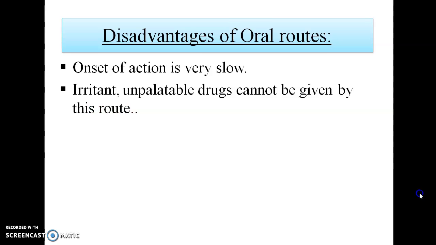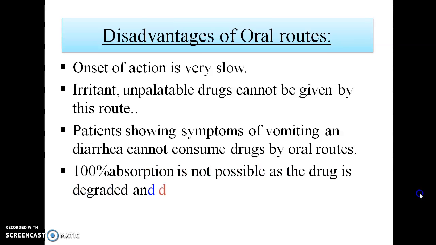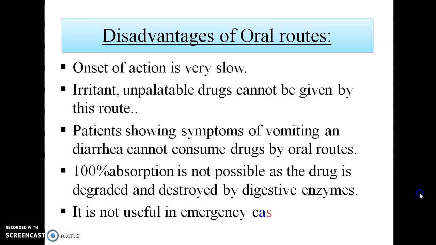Irritant and unpalatable drugs cannot be given by this route, because an unpalatable substance should never be given by the oral route. A patient showing symptoms of vomiting and diarrhea cannot consume the drug by the oral route. Next, 100% absorption is not possible as the drug is degraded or destroyed by digestive enzymes. It is not useful in emergency cases because an unconscious patient never gets the orally given drug dose.